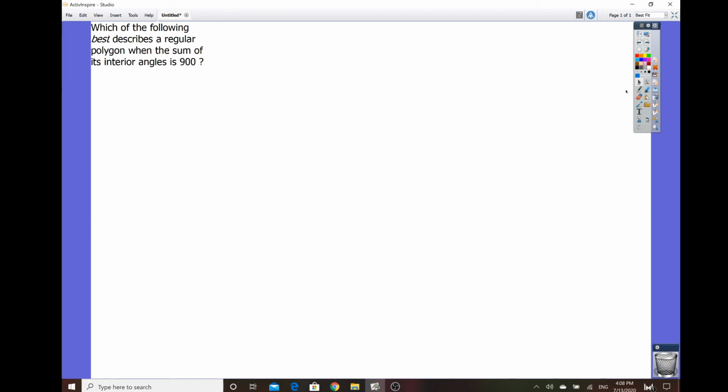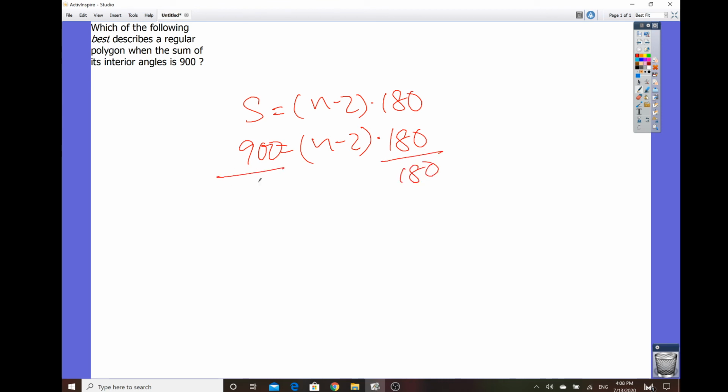We started off with S equals the quantity n minus 2 times 180. n is what we need to figure out. The sum of all the interior angles is 900, so 900 divided by 180, dividing both sides by 180.